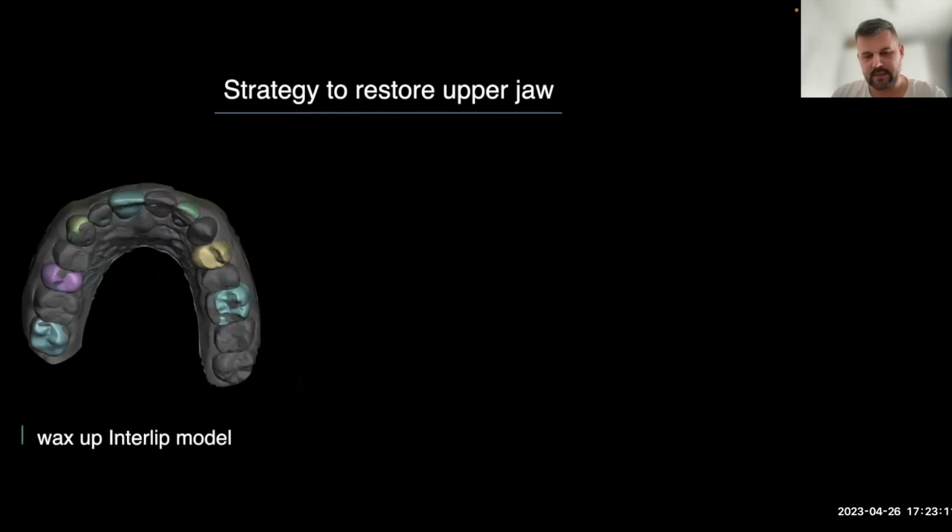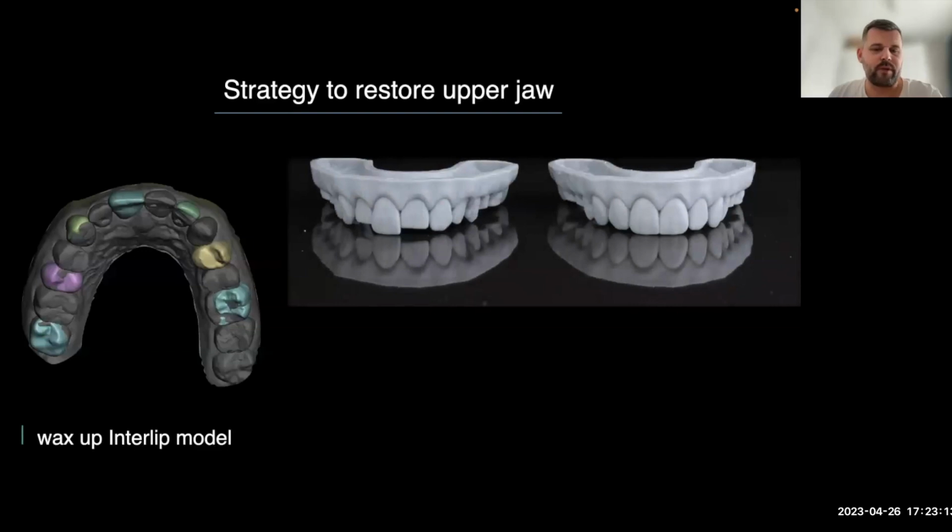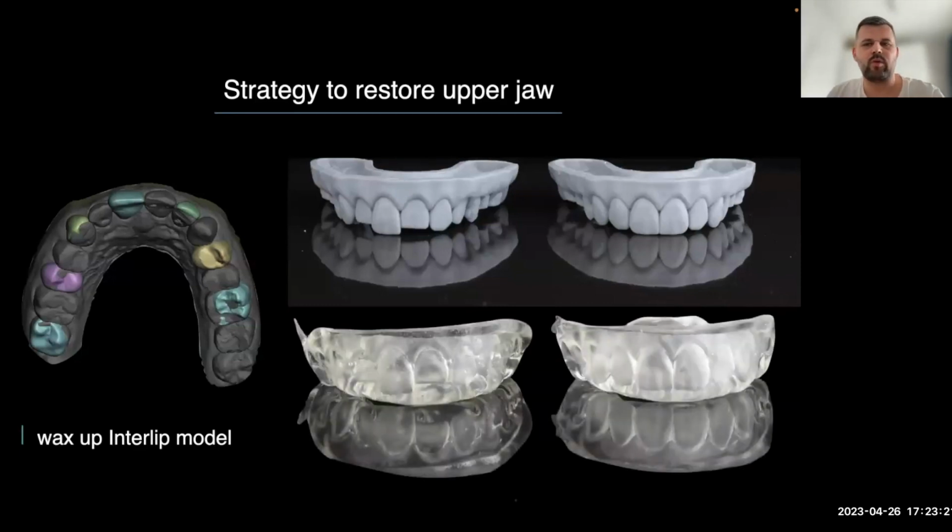But when you use this interlip model, you receive two models, one with all teeth and one with half of the arch, and then we receive two silicone indexes. For me, it is the best choice for the upper arch, because on the upper arch, it's easy to manage the tongue, the saliva, the cheeks.